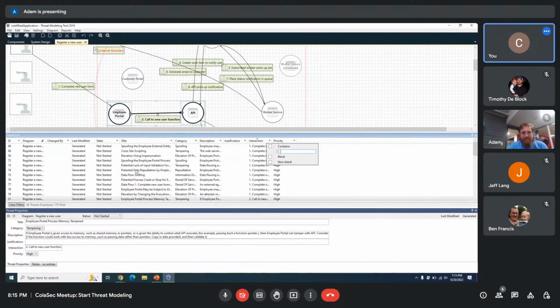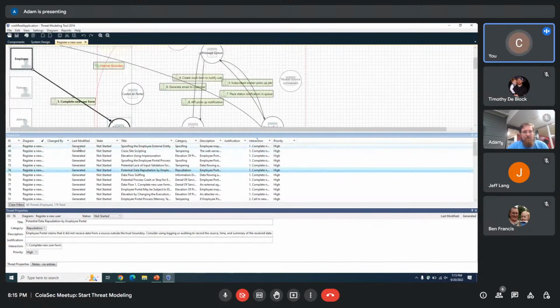Okay. So speaking of the employee external entity, so basically someone pretending to be that employee that shouldn't, so they've got creds that they shouldn't have. Do we have mechanisms to control that, right?